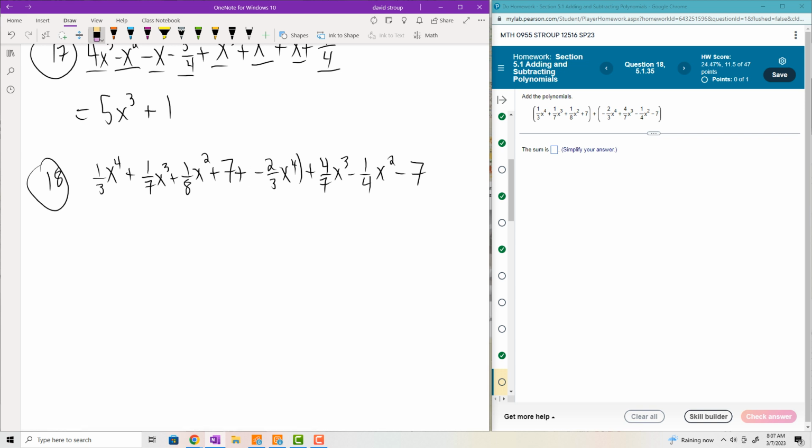And of course, if you want, you can write that minus 2/3 x to the 4th instead of parentheses plus parentheses negative 2/3 x to the 4th.